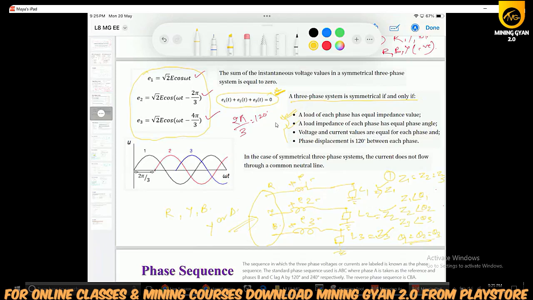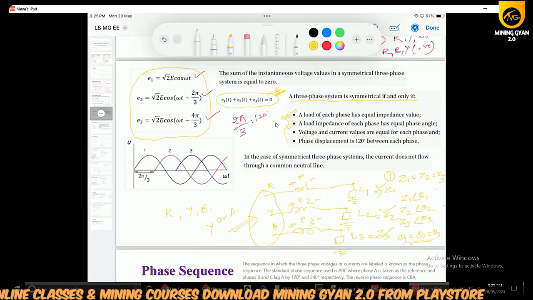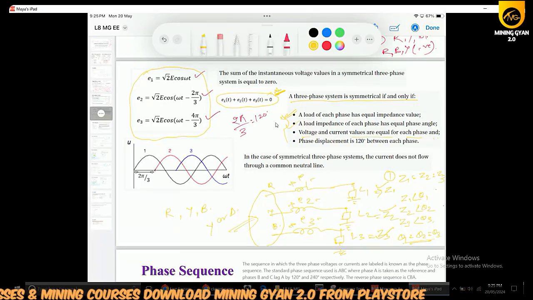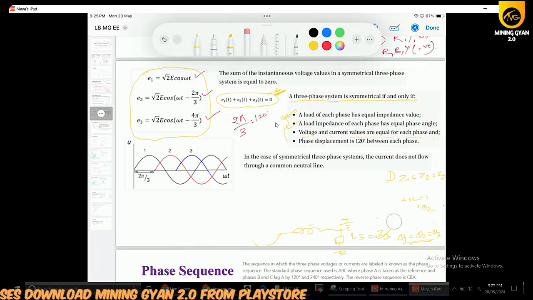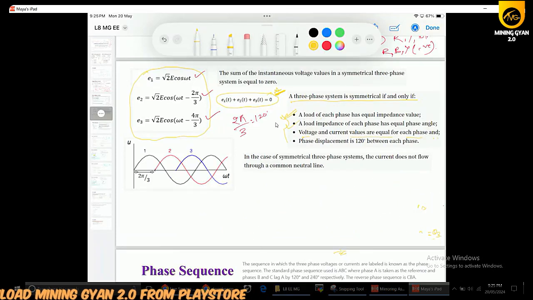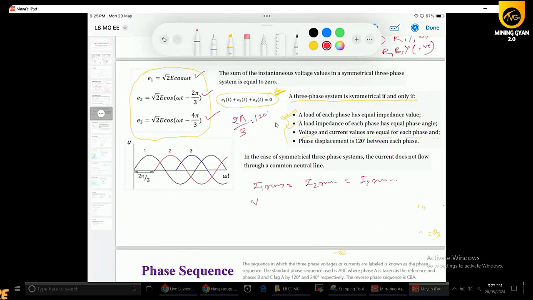The third condition is that voltage and current values are equal for each phase, meaning I1 RMS equals I2 RMS equals I3 RMS. Likewise, V1 RMS equals V2 RMS equals V3 RMS. This is the third condition.